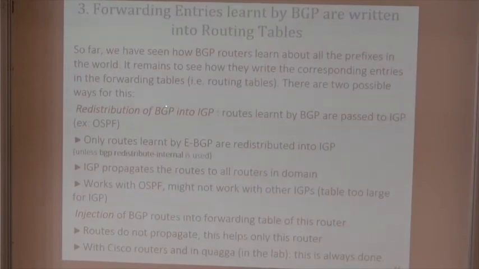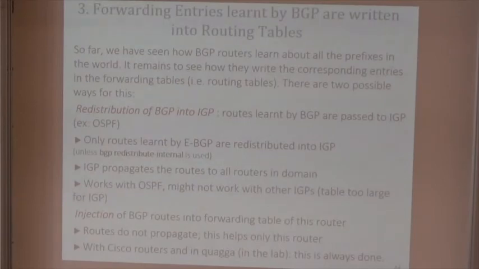BGP has learned a number of routes, then it can say to OSPF, here are all the prefixes I have. So with OSPF, that means that all the BGP routers that also run OSPF now have information about how to go to some routes and will, in some sense, do the same thing as we saw in OSPF in the case of multiple areas.